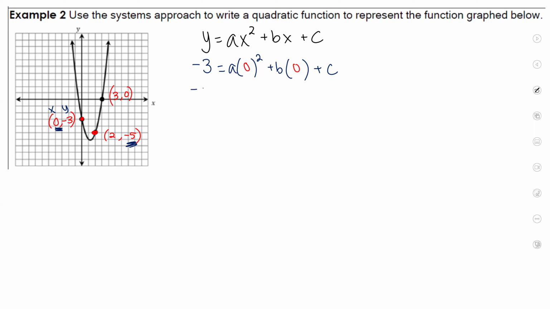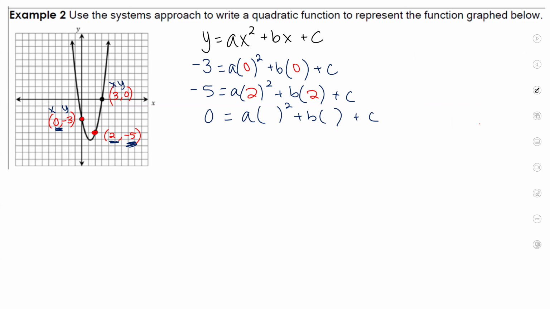So that would be negative 5 equals ax squared plus bx plus c. We're going to plug in a 2 for those x values. Okay, last one. This is x and y. So your y value is 0. We're going to plug in 3s for those x's. So this will be 3 and 3.